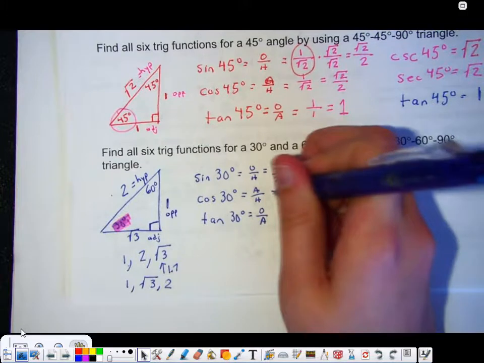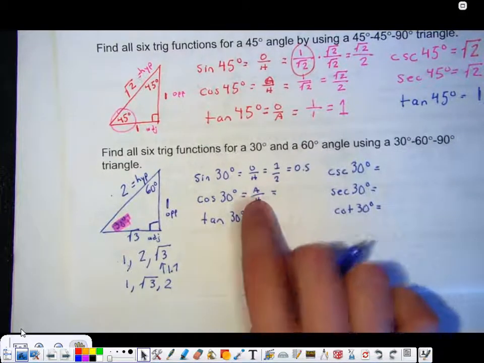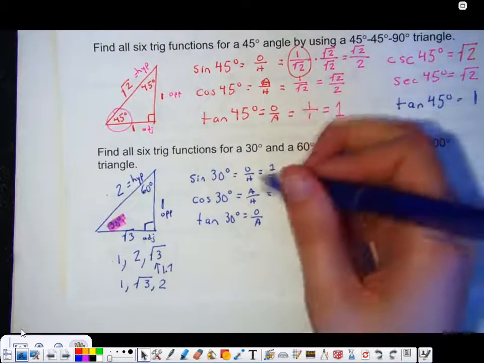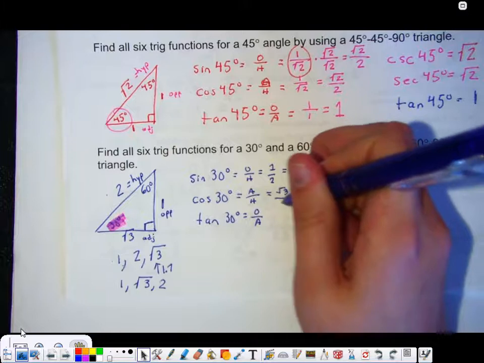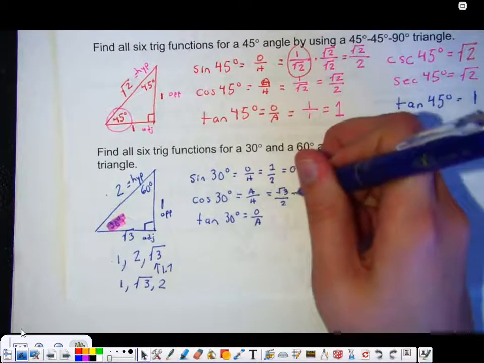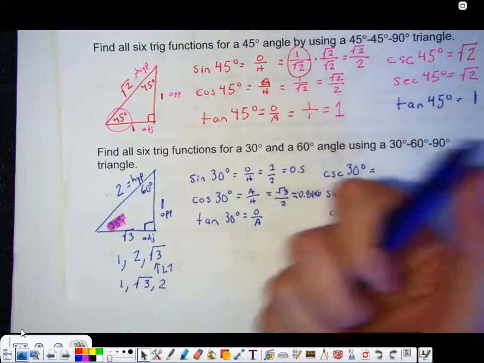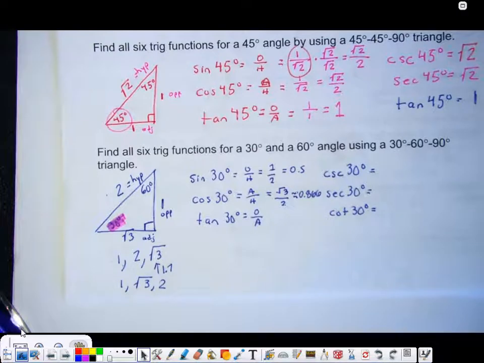And for this one, it would be adjacent over hypotenuse, so it would be square root of 3 over 2, which rounds out to be 0.866.